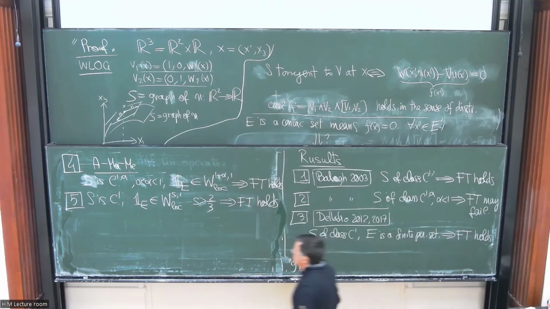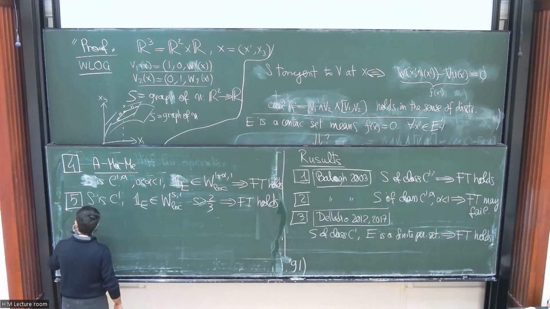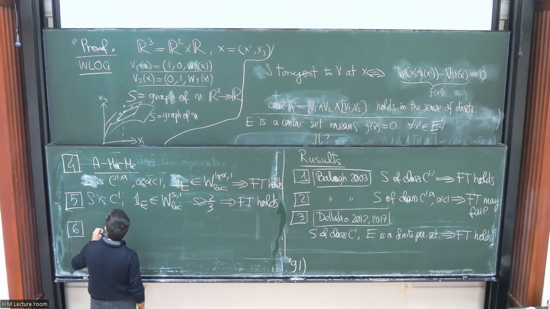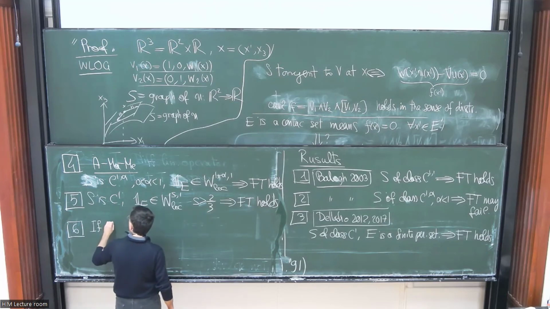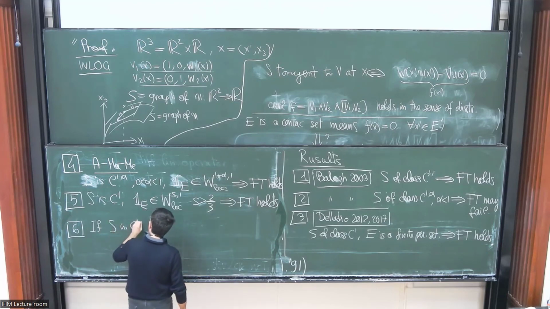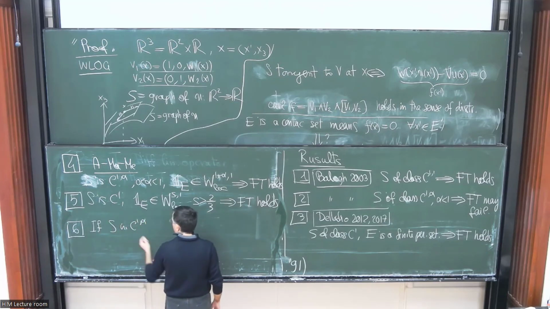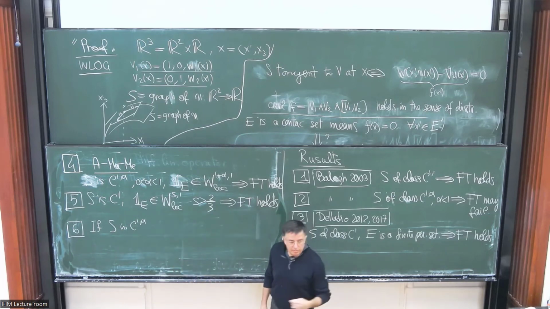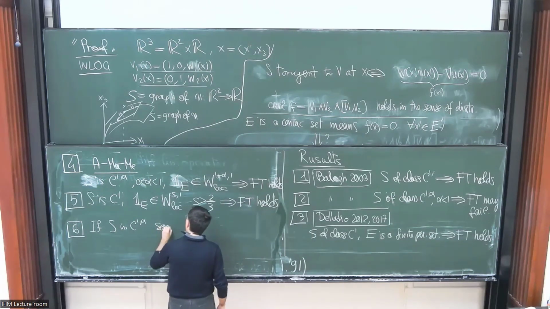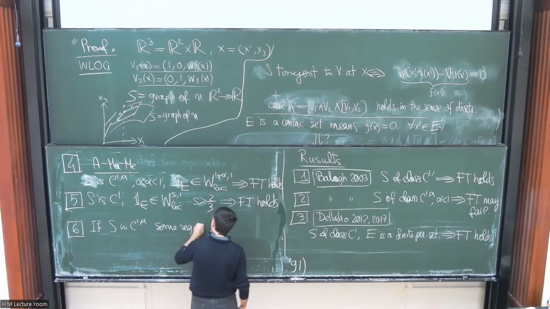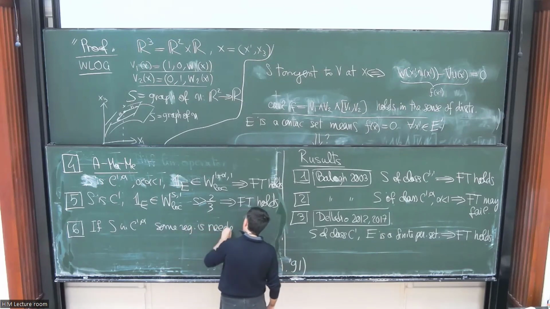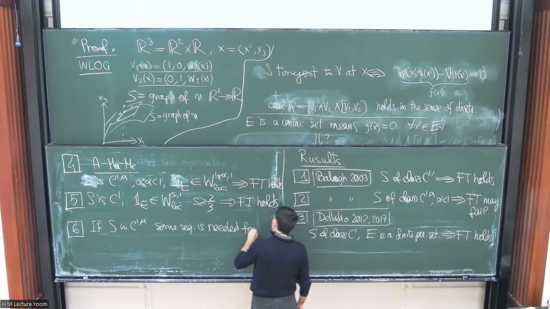And then there are counterexamples. But here is the problem. So if S is C^{1,α}, in general, some regularity is needed. Okay, what does it mean?